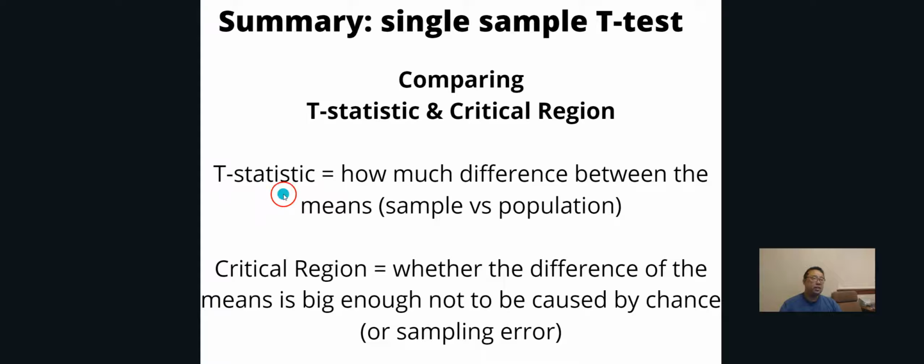If you have a big enough t-statistic, it means that the population mean and sample mean are very different from each other.